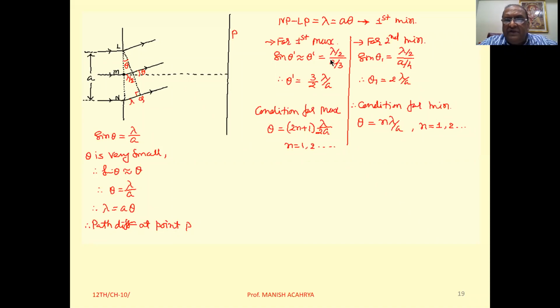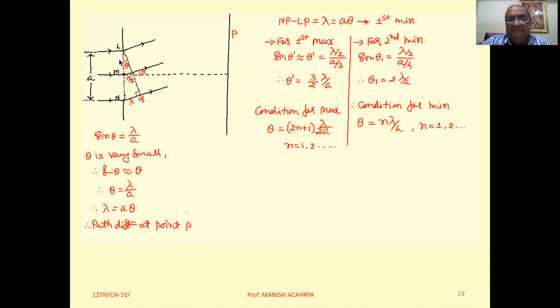Now if we give the mathematical explanation for this, then we can write sin theta dash, which is nearly equal to theta dash. So for that, opposite here is lambda by 2, and on this side the hypotenuse will be A by 3, because one third part of the slit we have to consider.